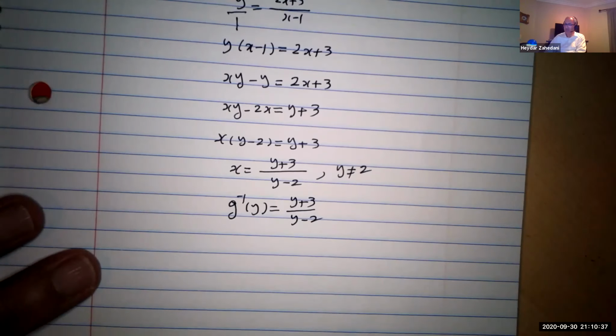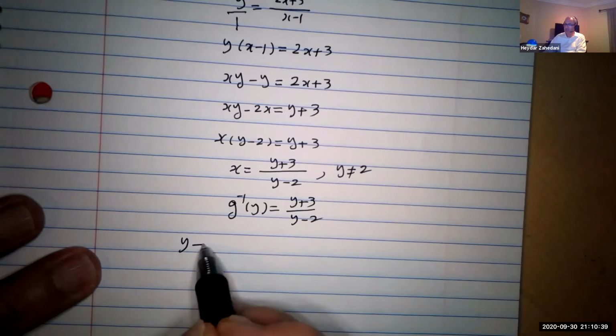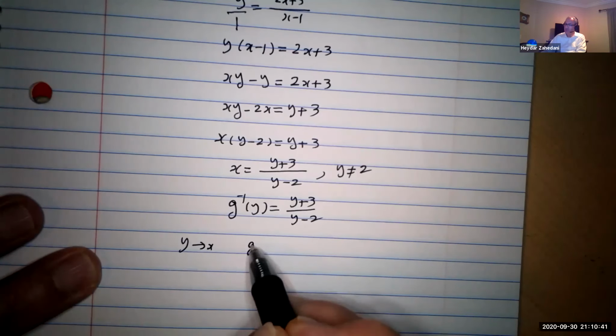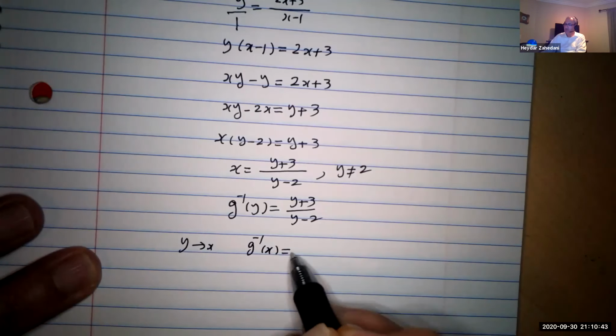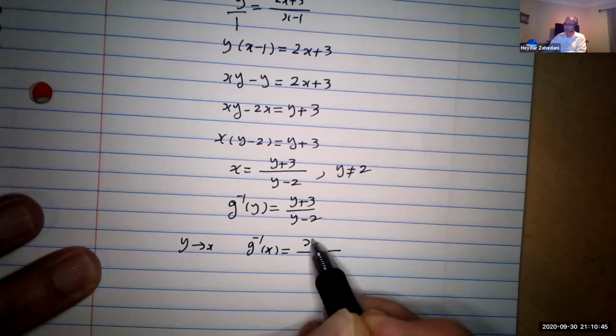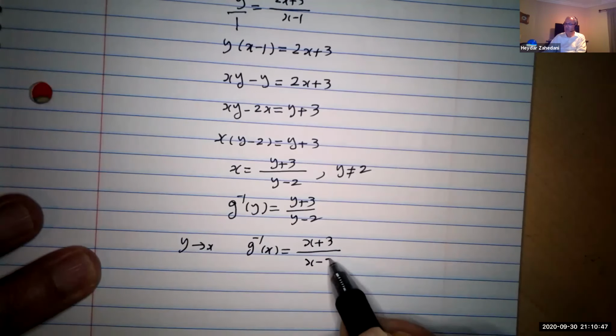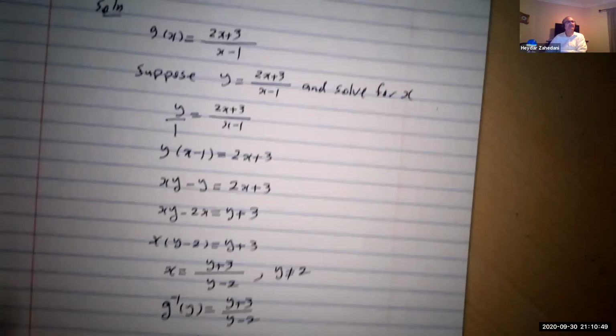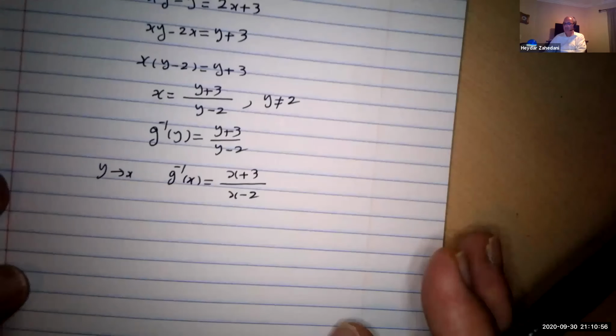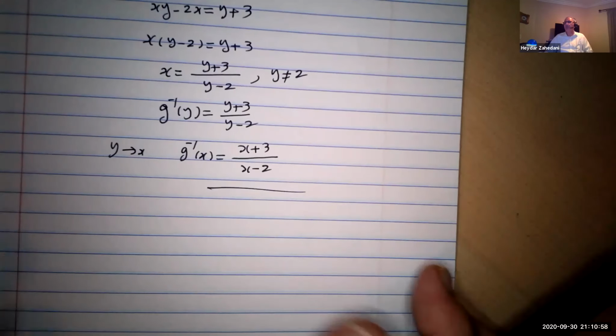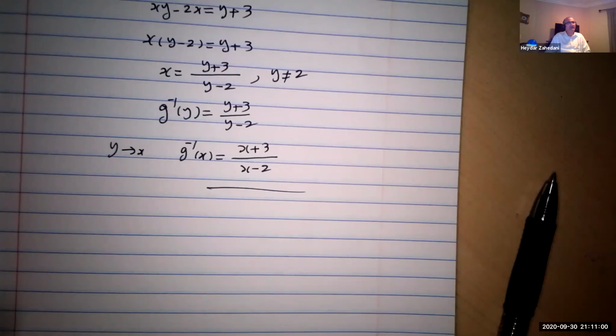You don't like the y, change it to the x. So g inverse of x is going to be equal to x plus 3 over x minus 2, which is the function. You see, we get exactly the same one. So it doesn't matter. If you pick one of them, you can find the inverse of the function as the other one.